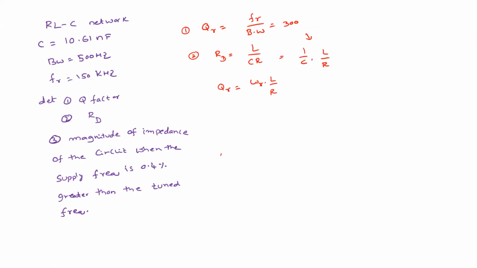Yes, sir. So what is 1 by C? What is L by R here? From this, what is L by R? It is QR by omega R. So this L by R can be written as QR by omega R. So from this, RD can be written as QR by C into omega R. Is this correct?